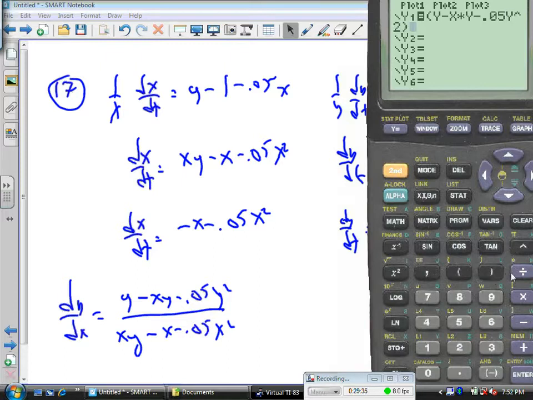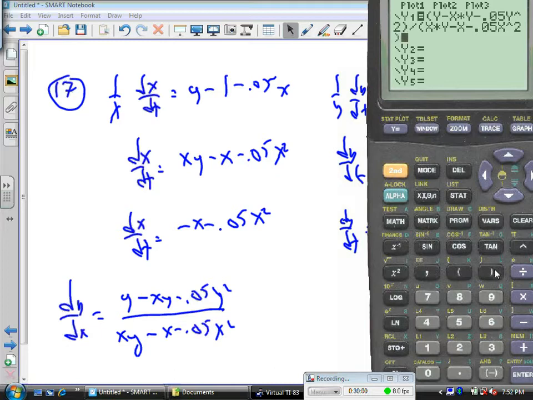That's the numerator. Close it. Divided by, open the denominator. Okay, x times alpha y minus x minus negative 0.05 x squared. Did I copy that right?